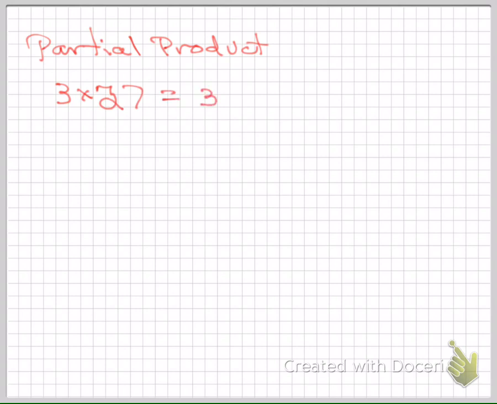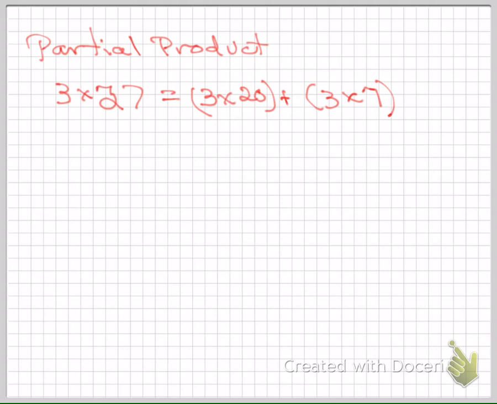Now you're probably saying, what is a partial product? We've done problems like 3 times 27, where we've used our distributive property to go 3 times 20 plus 3 times 7.